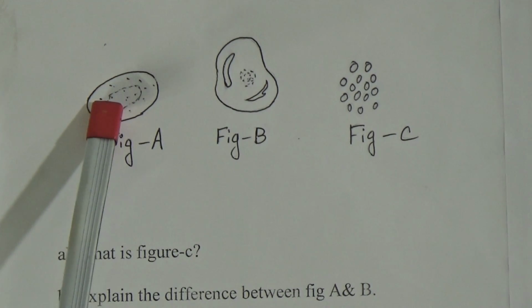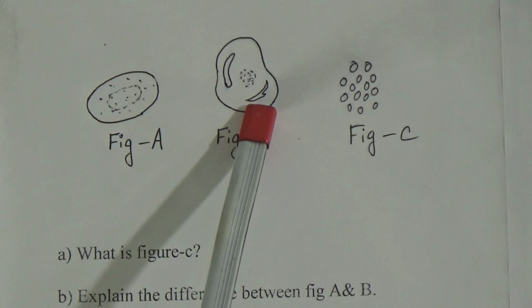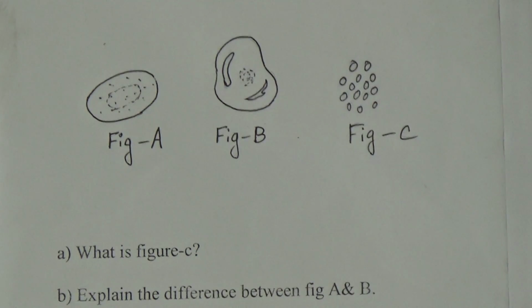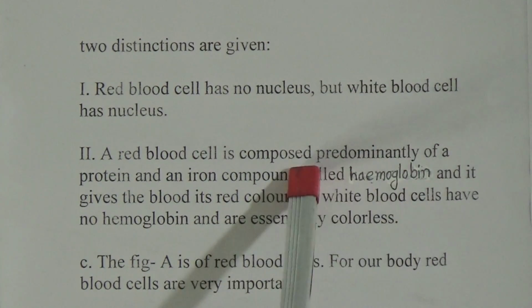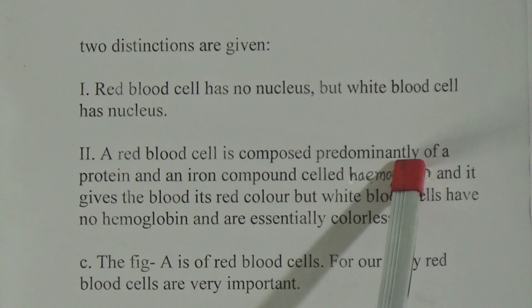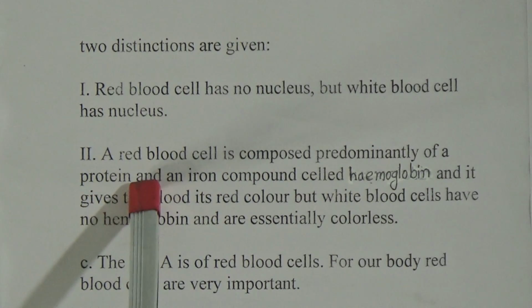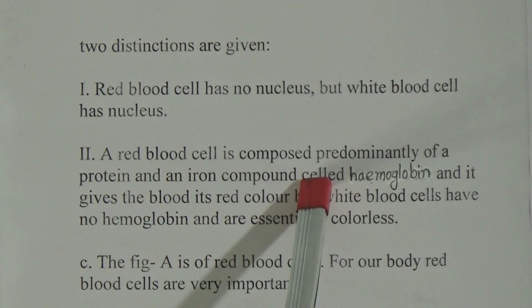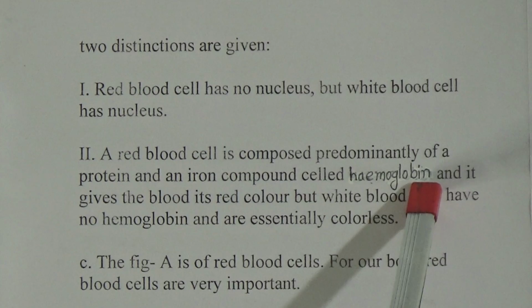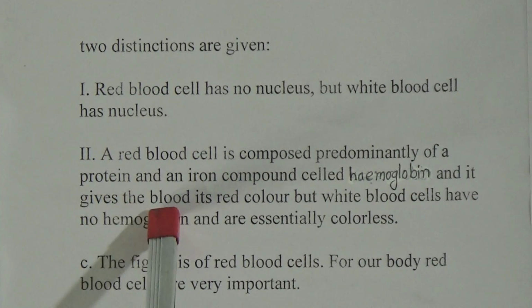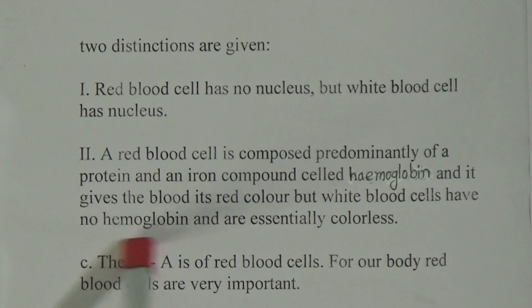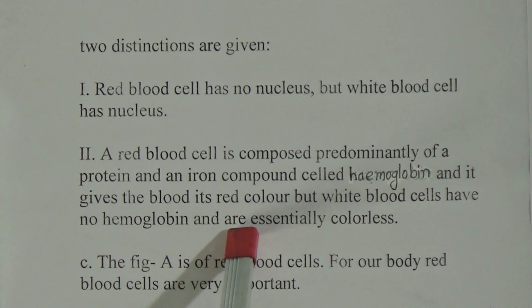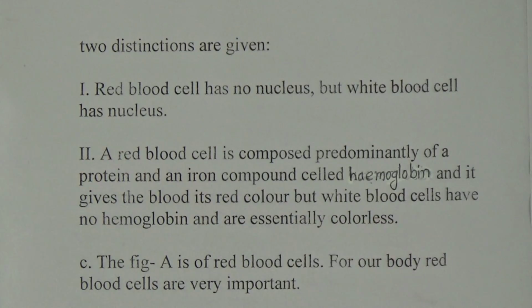That means this is a red blood cell and this one is a white blood cell. 2 number, a red blood cell is composed predominantly of a protein and an iron compound called hemoglobin, and it gives the blood its red color, but white blood cells have no hemoglobin and are essentially colorless.